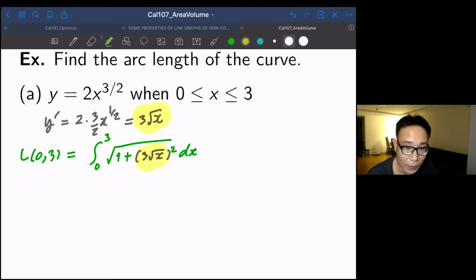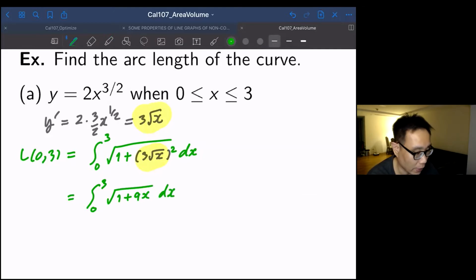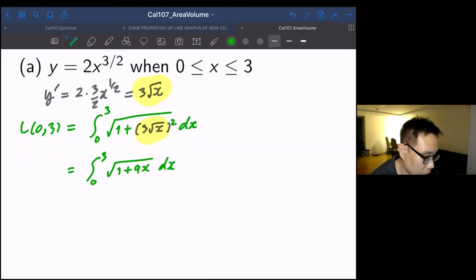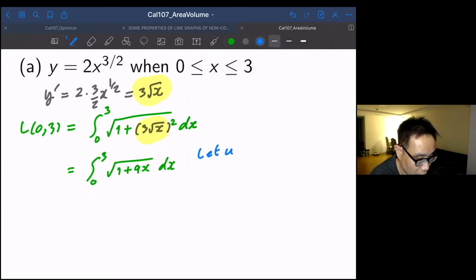Okay, and then what? Then we're going to integrate this guy. So we're going to integrate from 0 to 3 the square root of 1 plus 9x dx. Okay, and you're going to use substitution. So you're going to let u be 1 plus 9x.